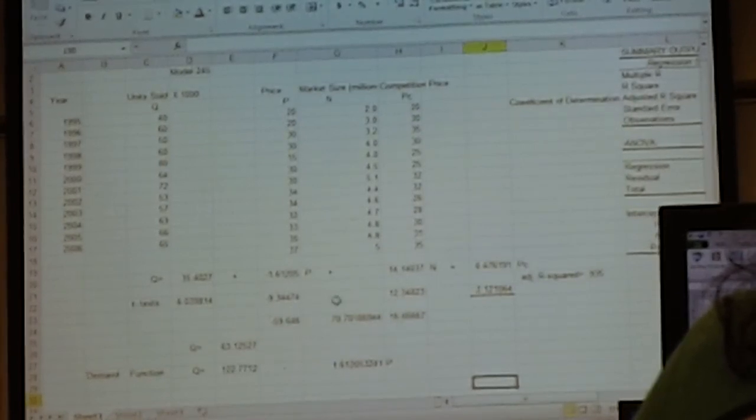We're substituting in these two numbers, adding it.